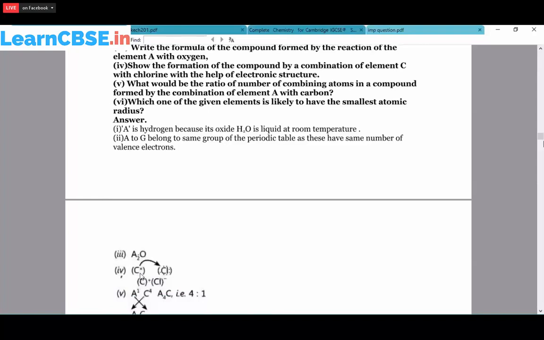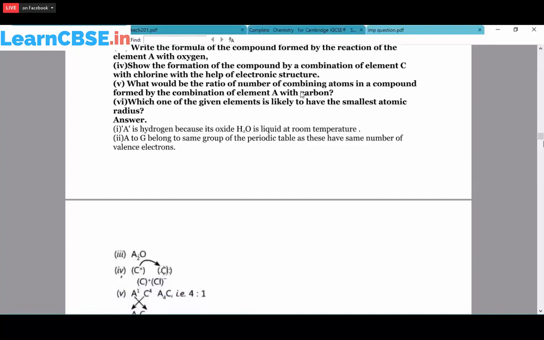When you move down the group, the metallic character increases, so it will lose the electron easily. The element C can easily donate the electron, and the chlorine atom easily gains the electron and forms the chloride ion. It forms C plus and Cl minus. So this is an ionic compound.